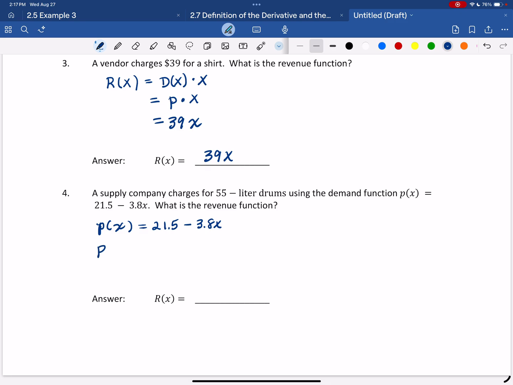And our revenue of X is the price at X times the number of units. So for us, it's going to be 21.5X minus 3.8X squared, because you have to take both of the elements of the price function and multiply them by X.